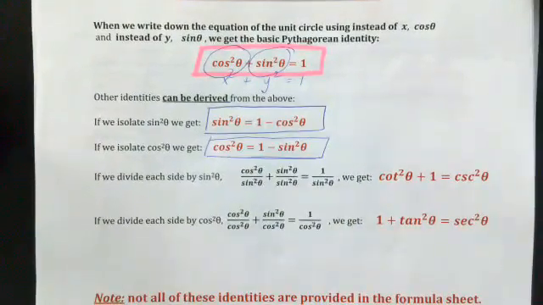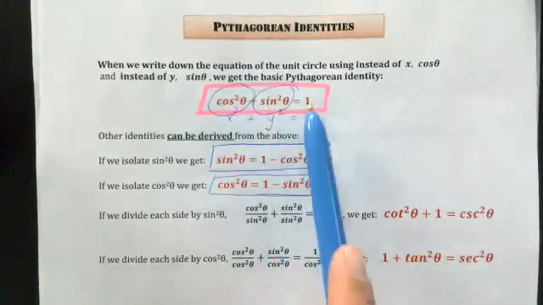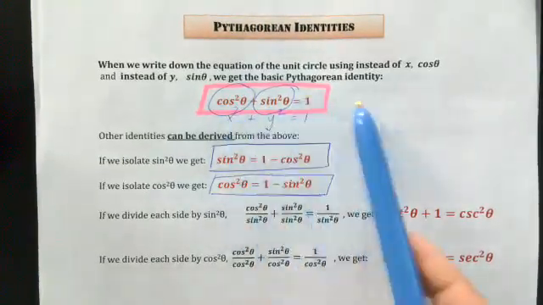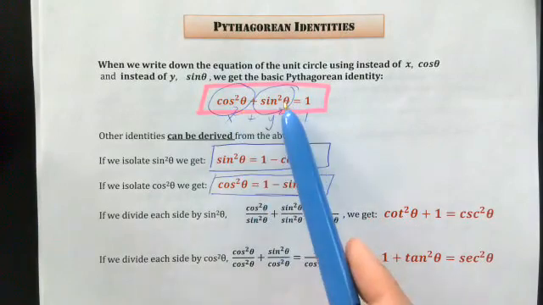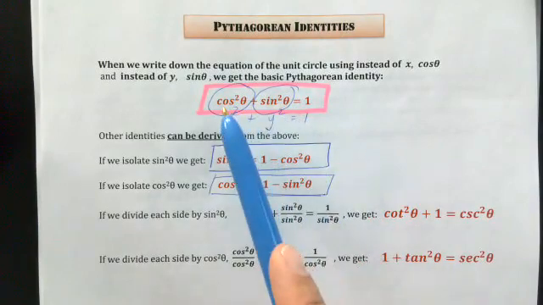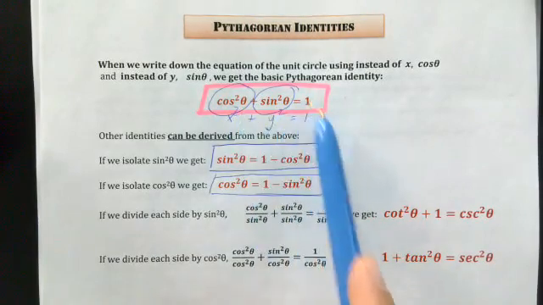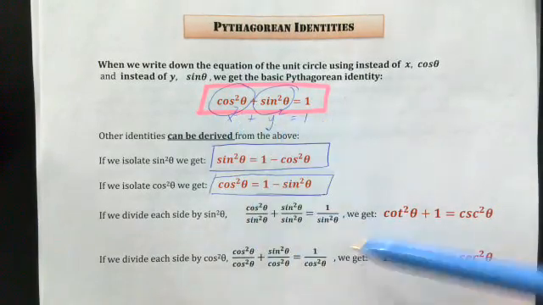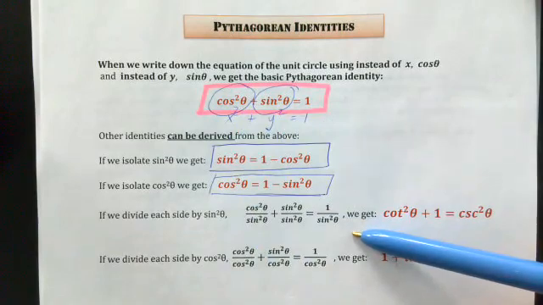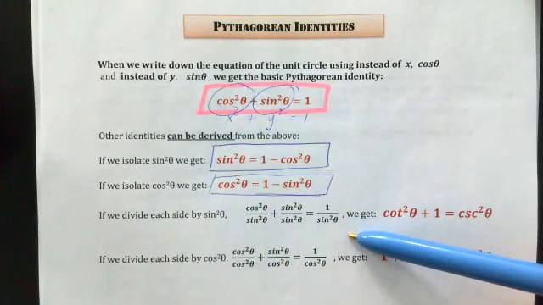The other two are going to be obtained by dividing each of the terms of the Pythagorean identity by one of them. So if you choose to divide it by sine squared theta, you're going to end up with cosine squared over sine squared, sine squared over sine squared, 1 over sine squared, okay? And those all mean something else, either from the perspective of a quotient identity or from the perspective of a reciprocal identity.